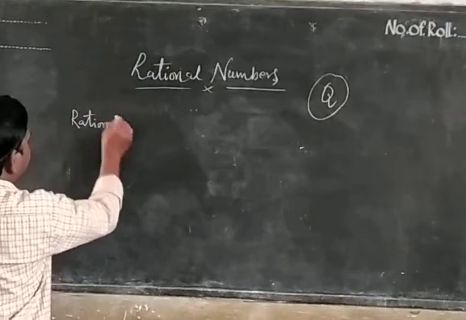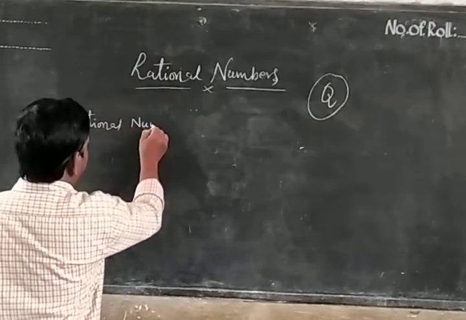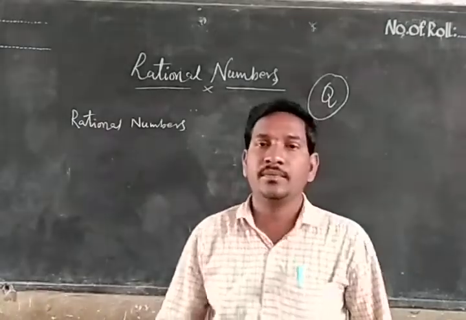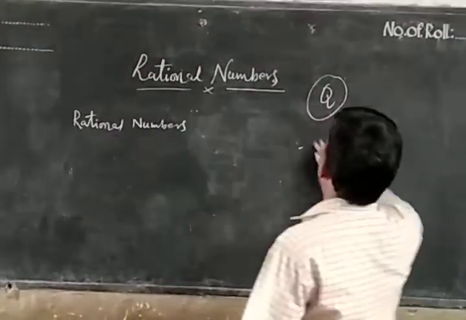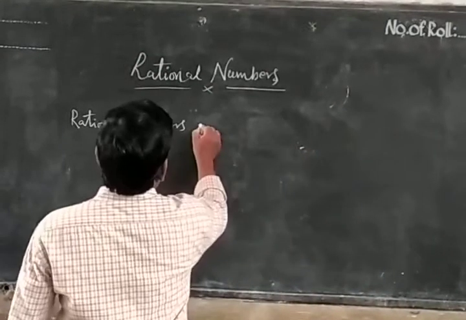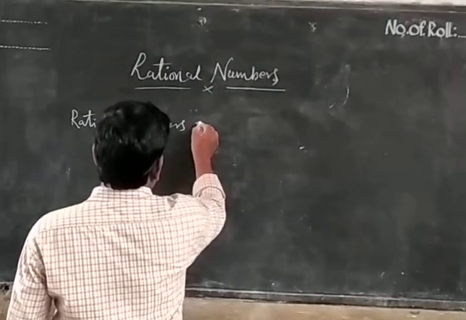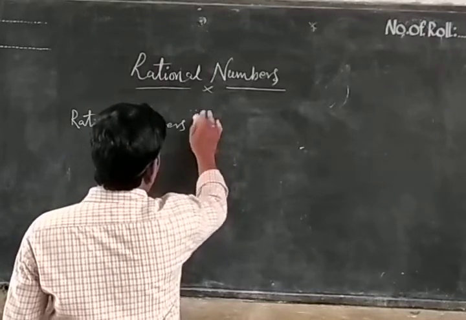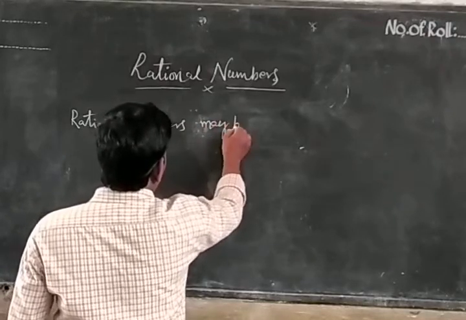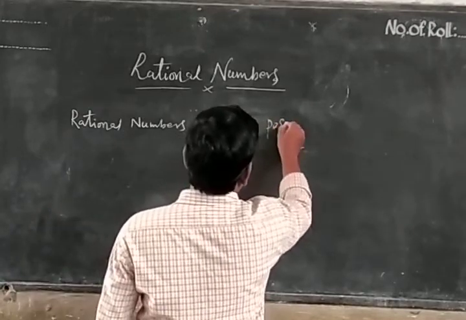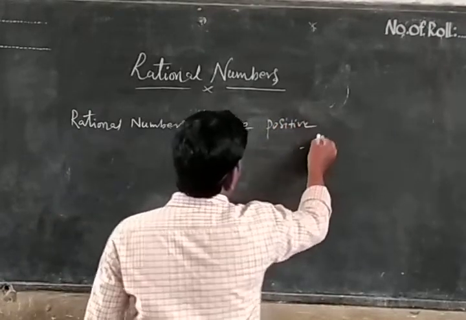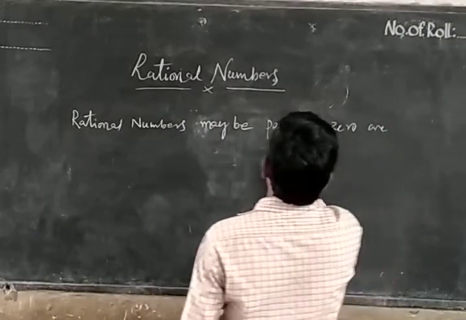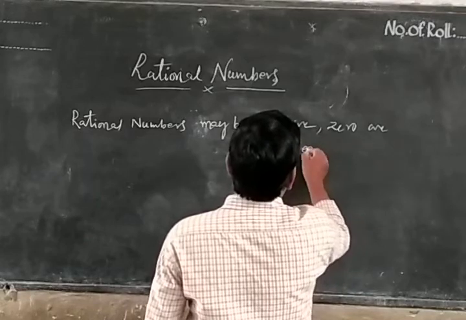Rational numbers may be positive, 0 or negative.